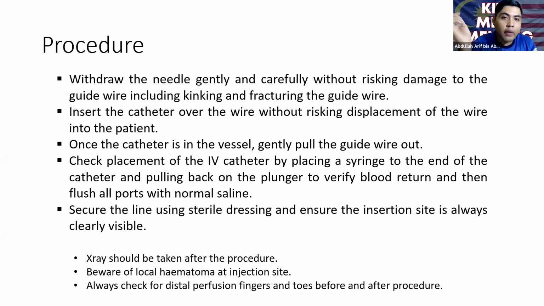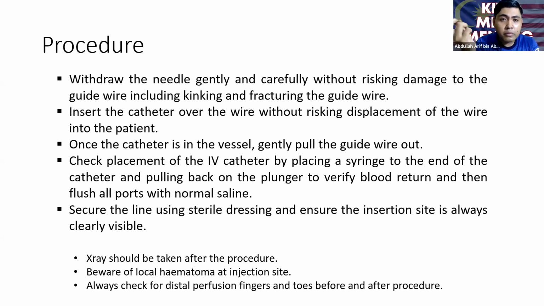So after the guide wire is already in the vein, next we can insert the catheter. Insert the catheter to the measured length, about 10 to 30 centimeters in neonates.